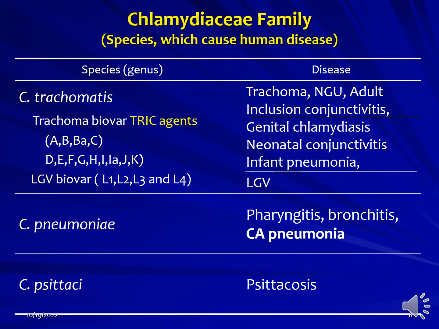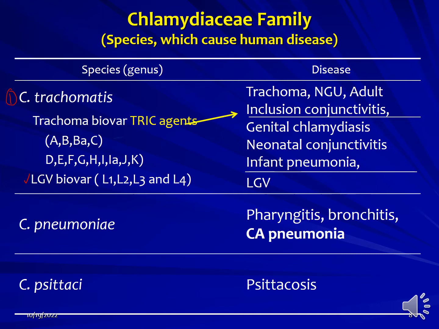And now the Chlamydiaceae family has some species which can cause human diseases. Chlamydia trachomatis has two important biovars. One is the trachoma biovar, and number two is the LGV or lymphogranuloma biovar.